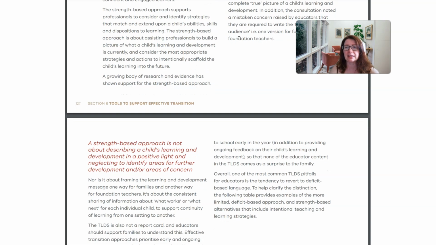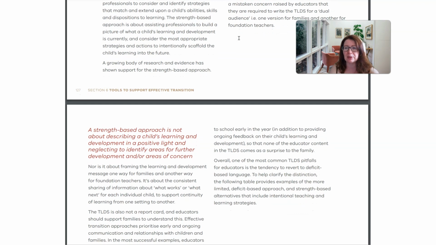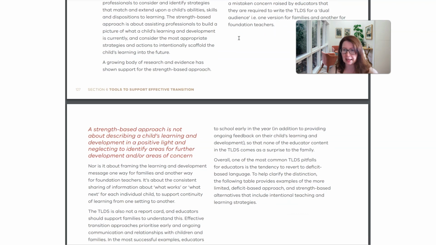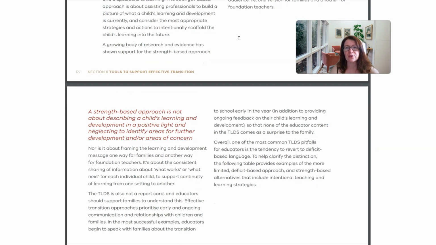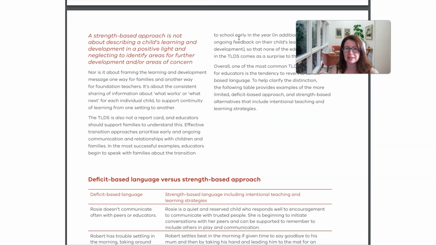And we need to consider that educators use the same language for both parents and for other teachers. So if you're writing transition reports or a summative assessment, you will use the same language, that is, the strengths-based approach.